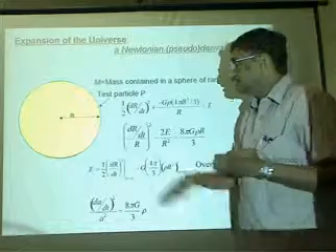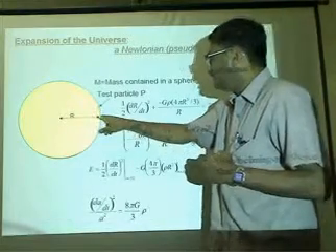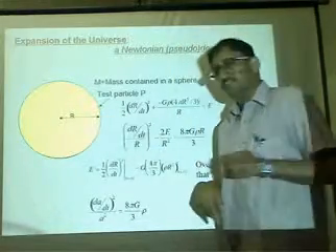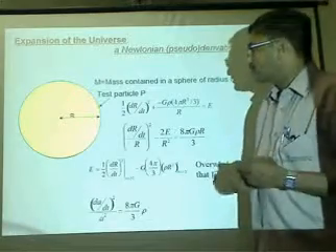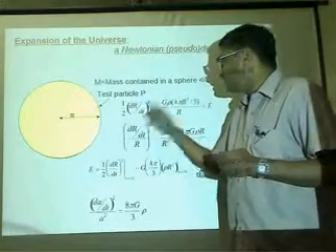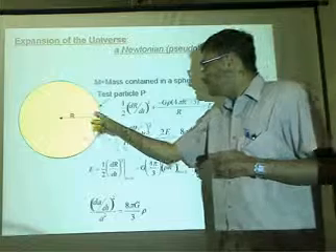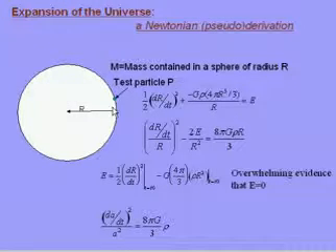First of all, suppose this particle is moving away from the center at a velocity of dr/dt, r being the distance from this point to the test particle at any time t. Then the kinetic energy per unit mass for this test particle will be half (dr/dt) whole squared.